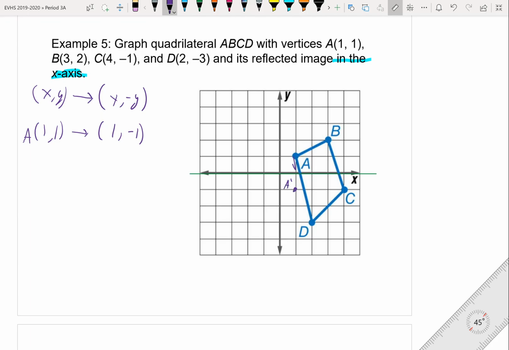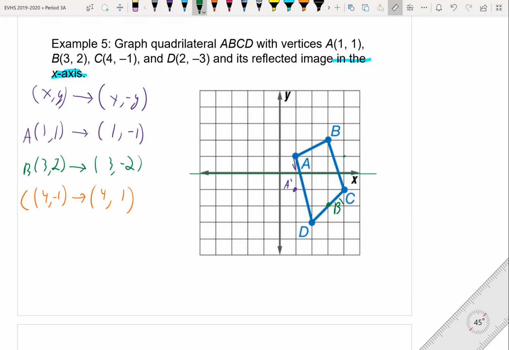There's A prime. B, which was at point (3, 2), will transform to (3, negative 2). So (3, negative 2), there is B prime. C, which is at point (4, negative 1), will transform to (4, positive 1), because negative 1 times a negative becomes a positive.